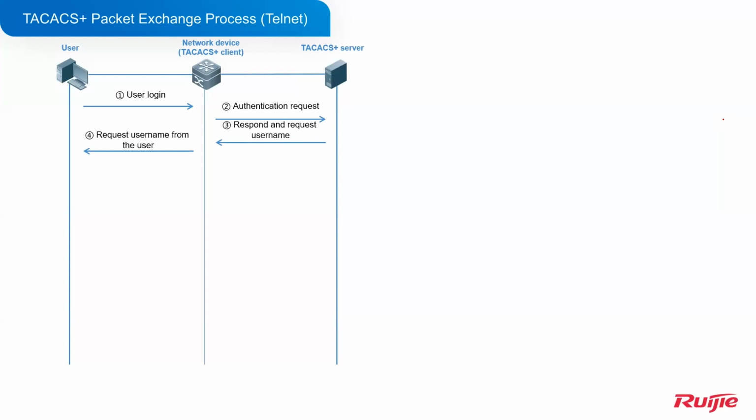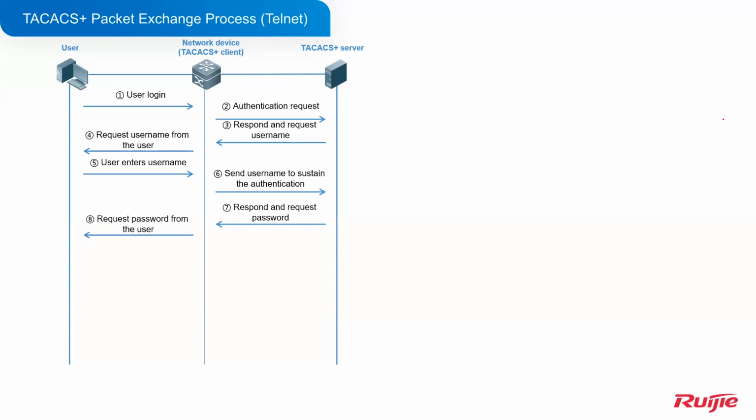And after receiving the request, the user will send the username, right? The user enters the username and it will be sent to continue the authentication. After knowing the username, next, TACACS Plus will respond and request the password.